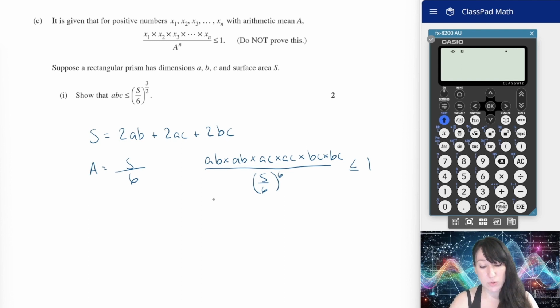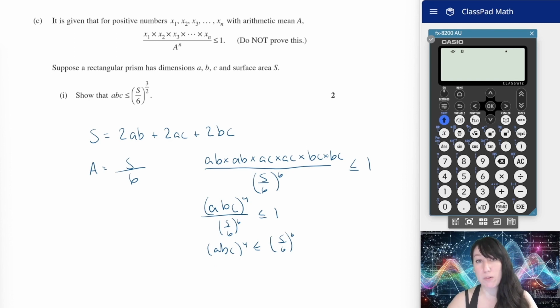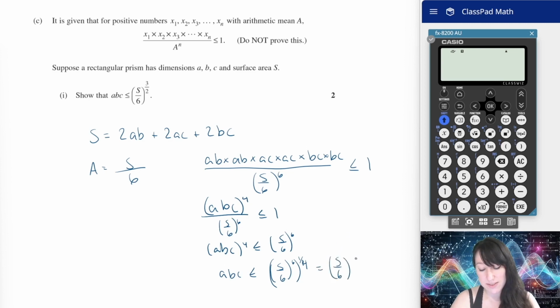So this simplifies to ABC to the power of 4 over S over 6 to the power of 6 is less than or equal to 1, which gives us ABC to the power of 4 is less than or equal to S over 6 to the power of 6. And then taking the 4th root of both sides, to the power of a quarter, ABC is less than or equal to S over 6 to the power of 6 to the power of 1/4. And then, of course, using index laws, that is S over 6 to the power of 3 over 2.